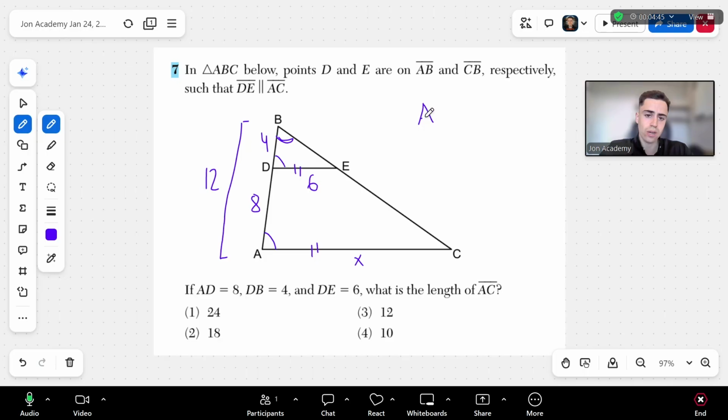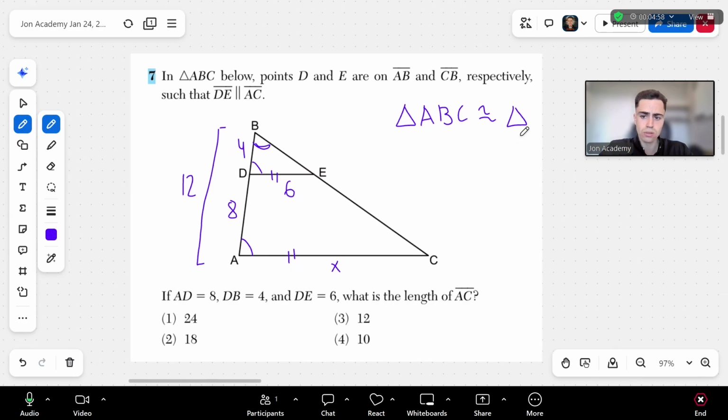So by the angle criteria, we could say triangle ABC is similar to the other triangle, we can call it DBE, by angle.